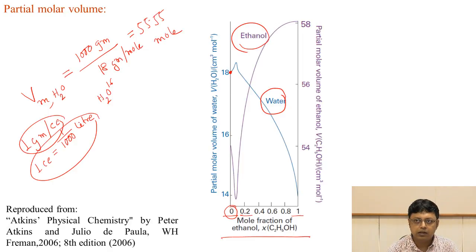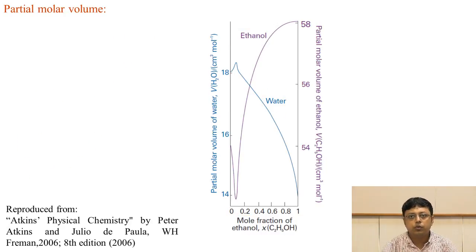So in this plot, we show how, as we keep changing the mole fraction of ethanol, the partial molar volume of water or ethanol changes. By partial molar volume, we mean the change in molar volume per unit addition of one component. In this case, we are varying only ethanol.